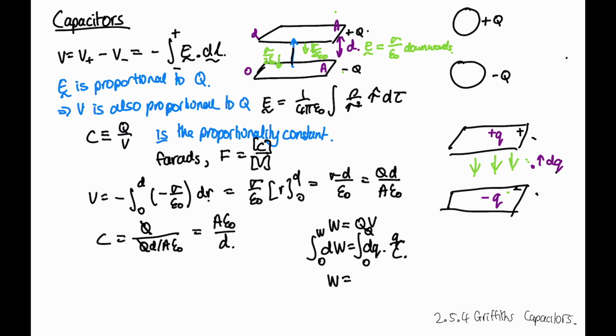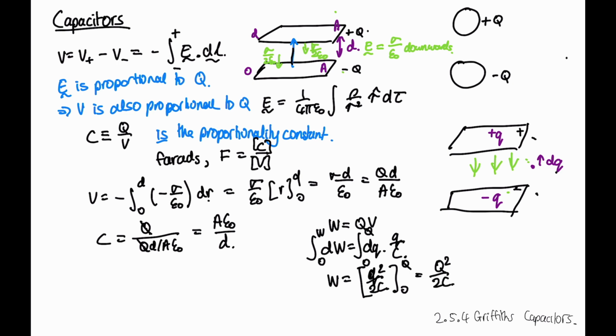And you can see when we integrate this, we end up with Q squared on 2C, and we will substitute in 0 and Q. So this is equal to Q squared on 2C.